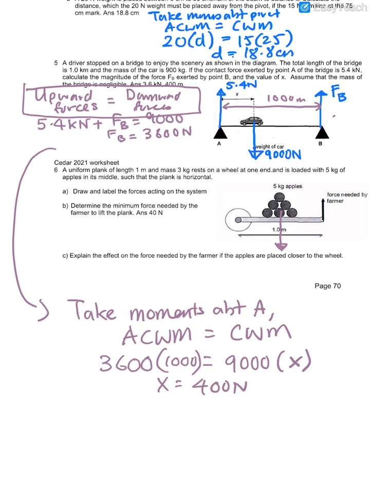So 80 newtons. Write down 80 newtons. That's one force. How far is it from the pivot? It's 0.5. How do you know? Because they say uniform plank. Now there's one more force.